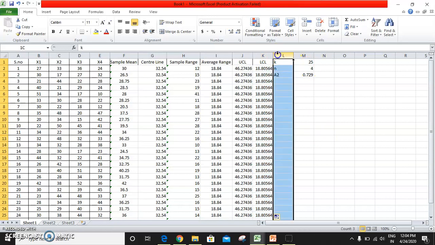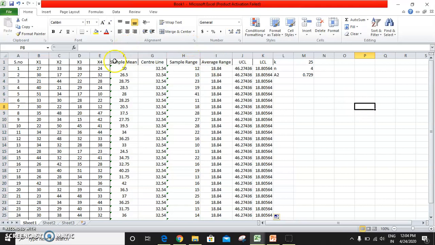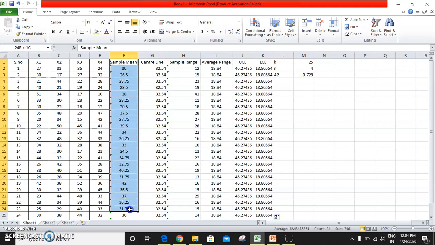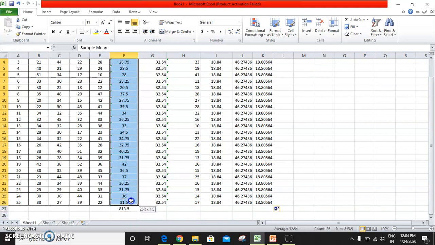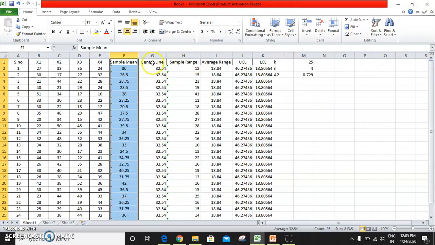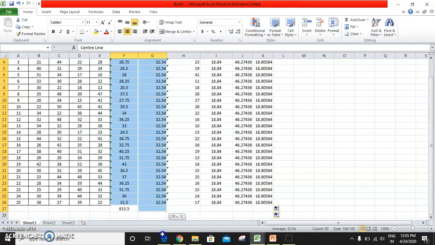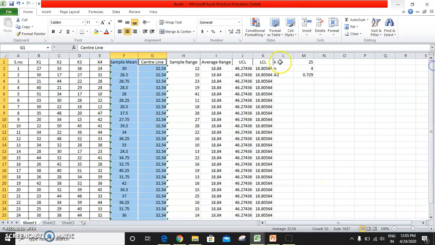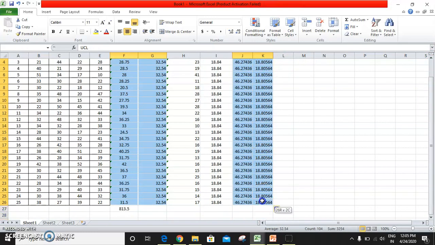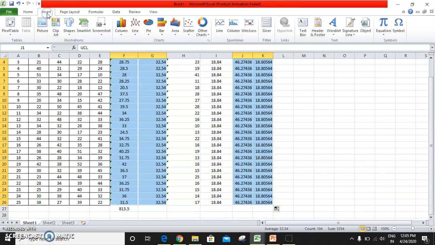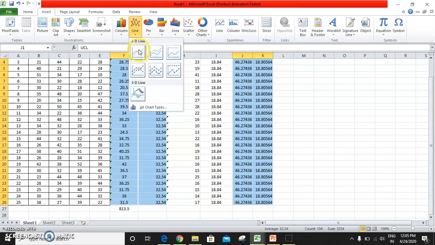Now similarly, in the previous video we prepared the control chart with the help of sample mean and central line and your UCL and LCL. So with the help of these four values, we are going to prepare again the line chart.